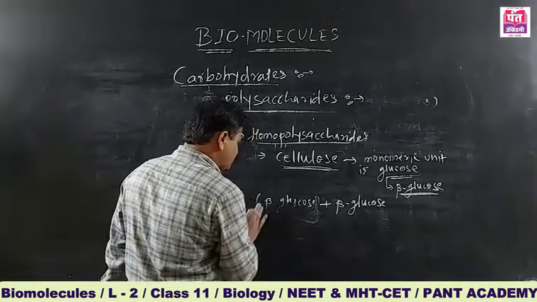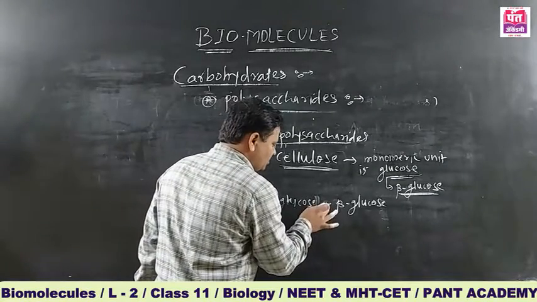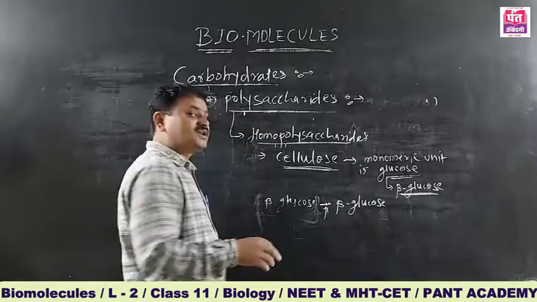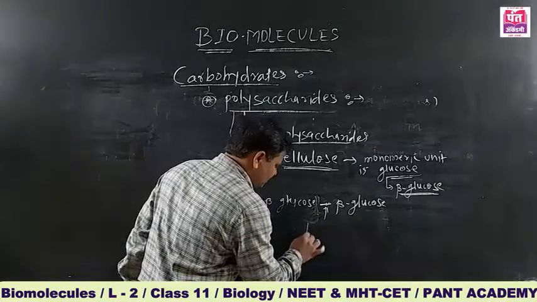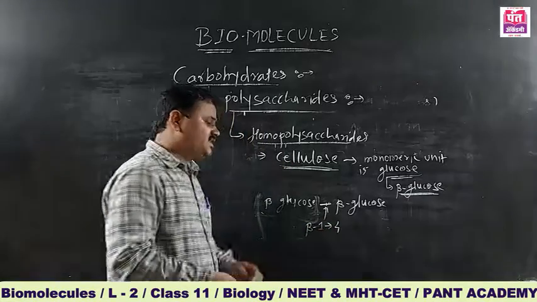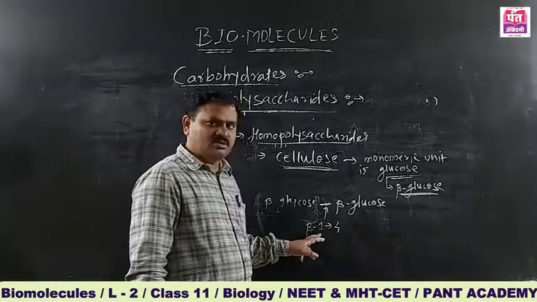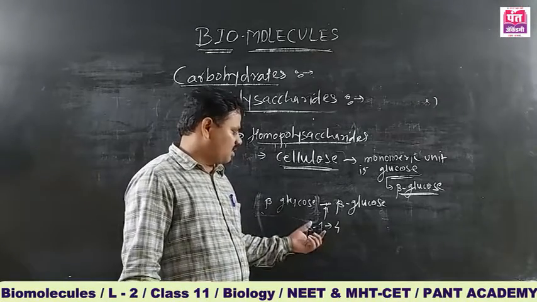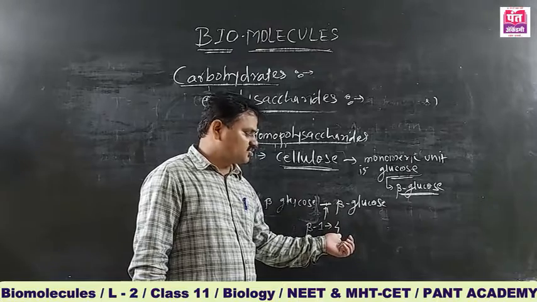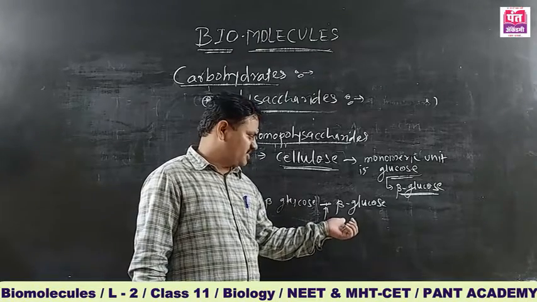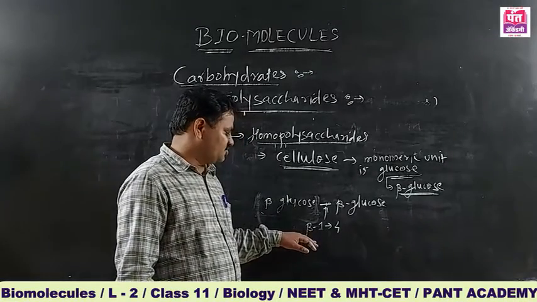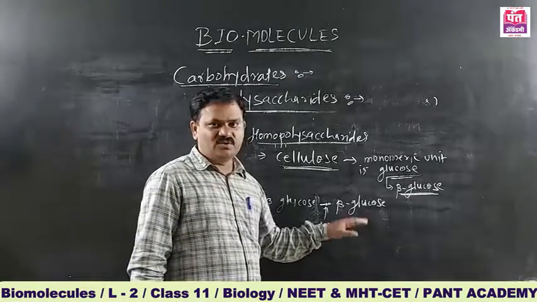These glucose molecules are joined together with a glycosidic linkage, and this glycosidic linkage is called a beta 1,4 linkage. Here also the hydroxy group on the first carbon is joined to the hydroxy group of the second glucose at the fourth carbon, and therefore this linkage becomes a beta 1,4 linkage.